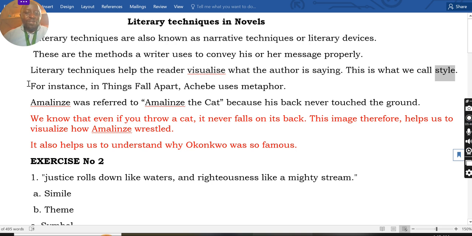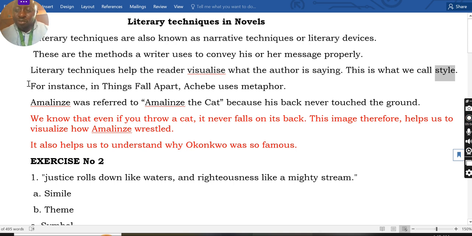It is because it was not easy to beat Amalinze the Cat in a wrestling game. You can see why: Amalinze the Cat never had his back touch the ground.